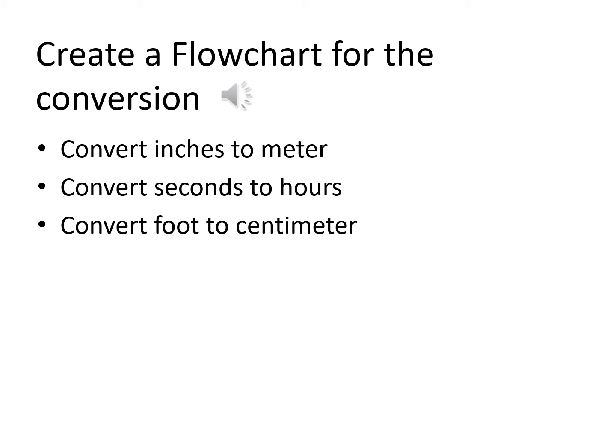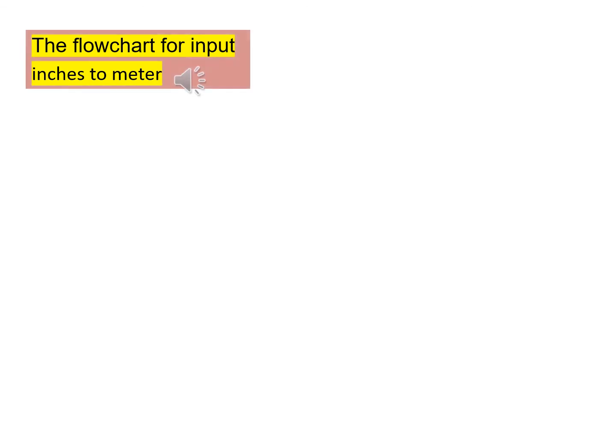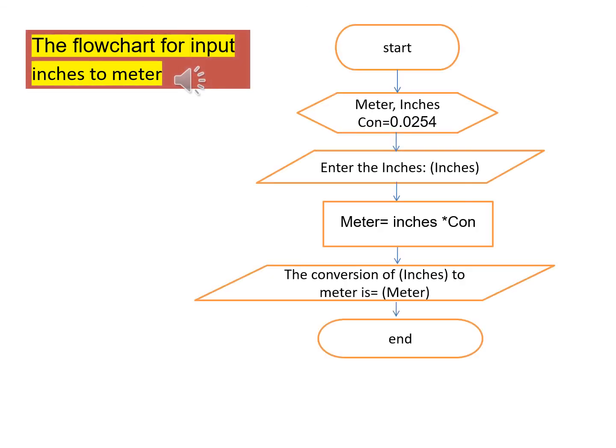The next flowcharts show the conversion of inches to meter, conversion of seconds to hours, and conversion of feet to centimeter. The flowchart shows the input inches to meter. So starting with the terminal, then next is meter, then input and the constant variable.